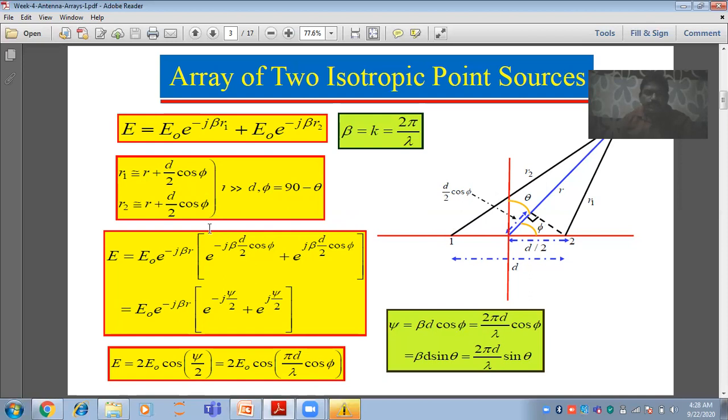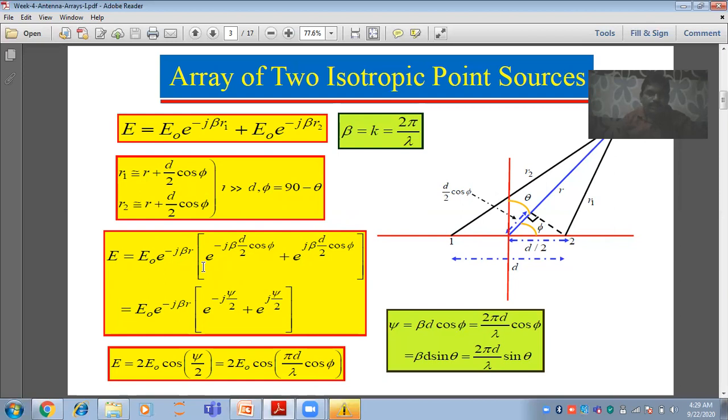Therefore, the total field E that is observed at observation point P will be equal to the combination of the fields of antenna 1 and antenna 2. The field due to antenna 1 is represented by the multiplication of this one.